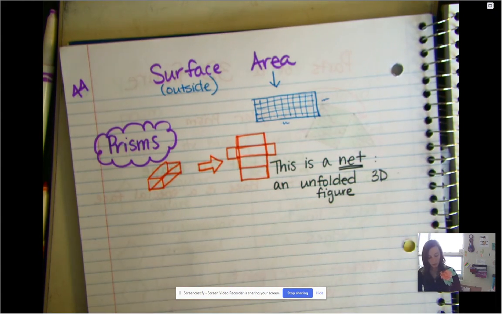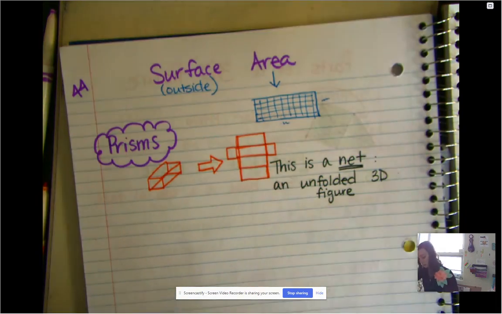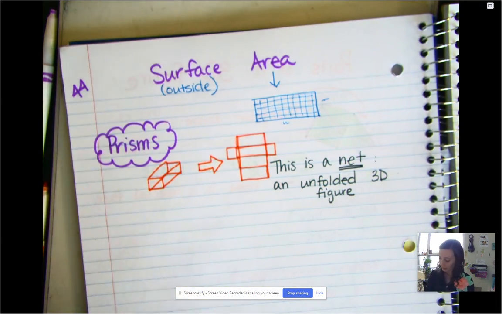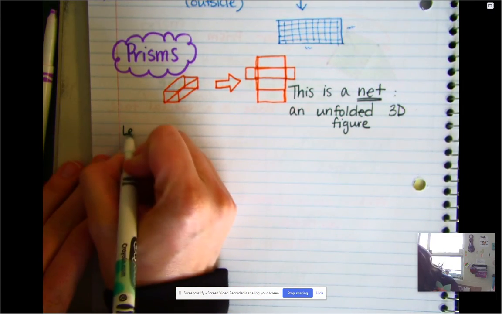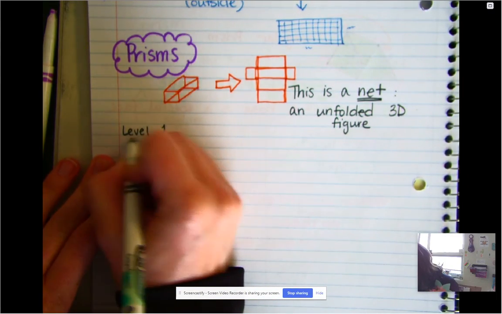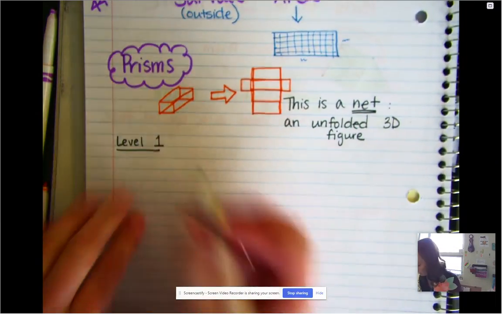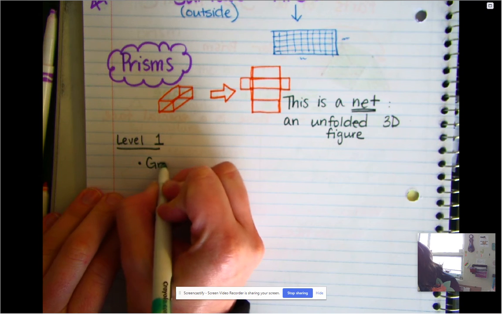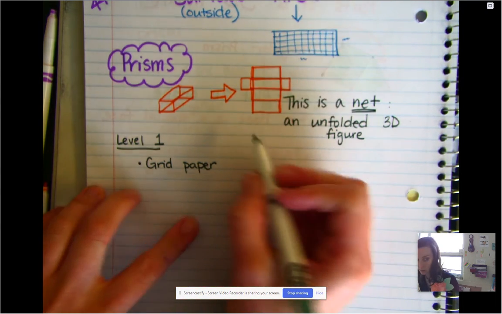So the first thing is to start with your first skill level, if we're thinking in terms of levels. Level 1 would be, I give you a grid paper net. And we are hopefully either going to make one of these or did make one of these in school today.